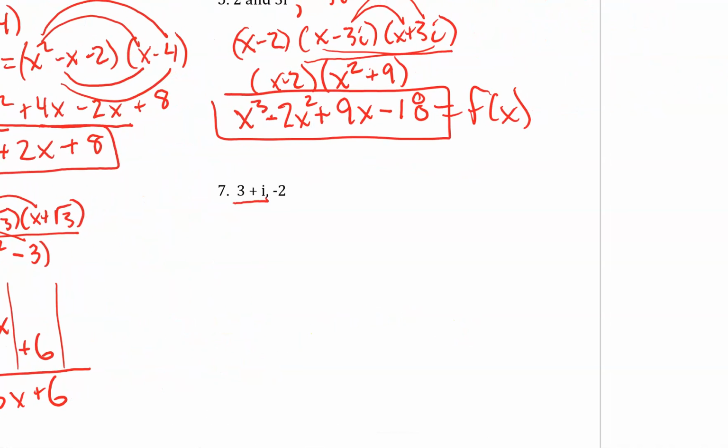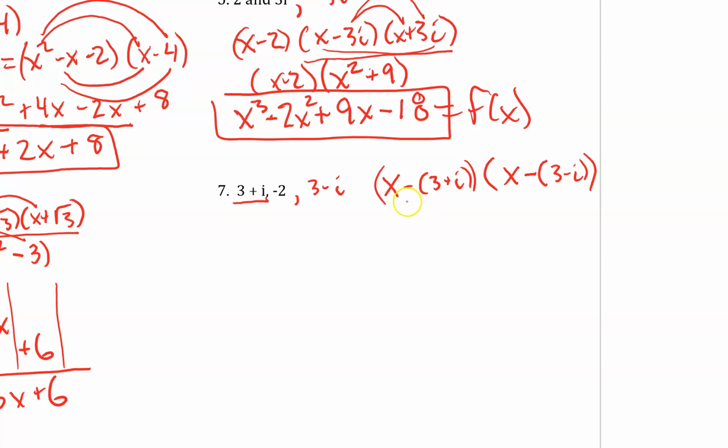Moving forward, 3 plus i is a factor. Therefore, 3 minus i must also be a factor. But what does that really look like? That means x minus 3 plus i equals 0, and x minus 3 minus i is a factor.